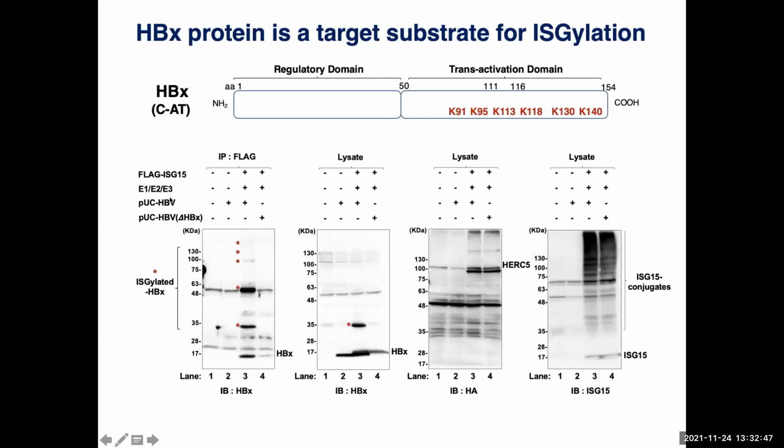And then we use the pUC-HBV. When we transfect this plasmid, liver tissue culture cells can produce HBV virus.